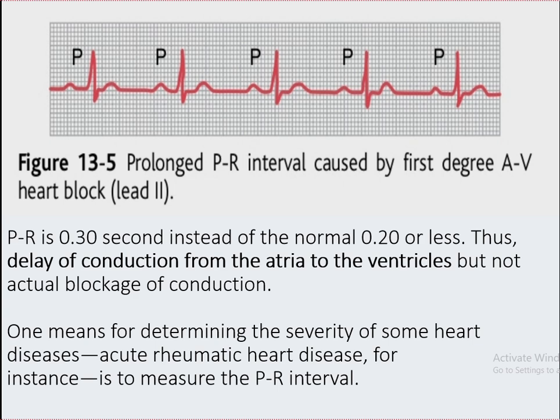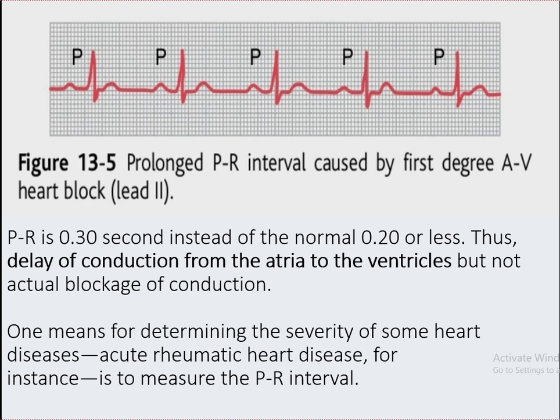Then we have first degree AV blocks, because AV blocks are in 3 degrees. For the first degree AV block, the impulse can pass through the AV node, but it is delayed abnormally. Where we expect 0.09 seconds, now we find that it is taking more time during the block.